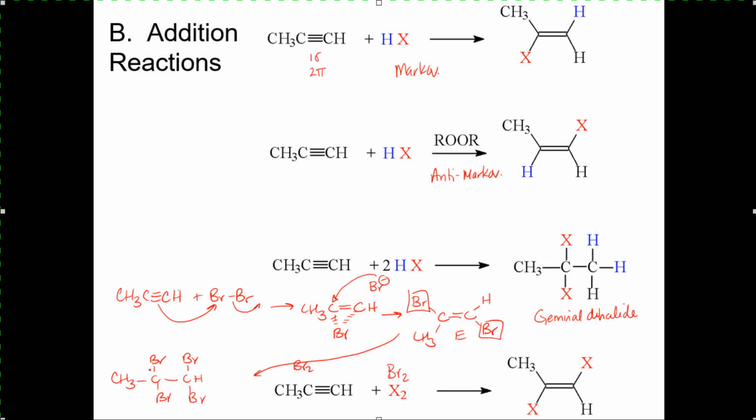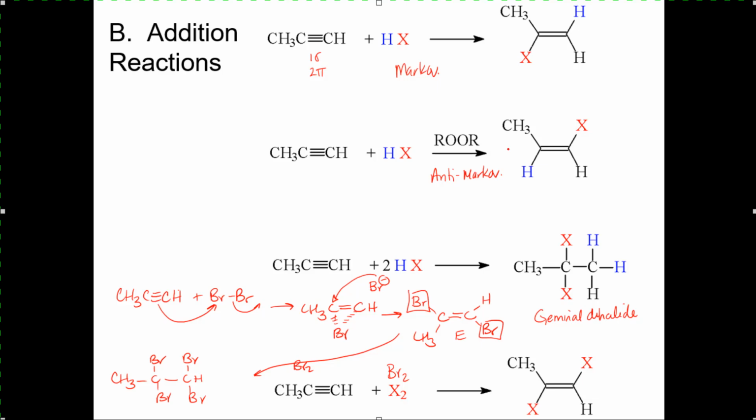So I would end up with a tetrabromopropane in this case. So I end up with two geminal carbons. So you can add one or two equivalents. I'm going to have to specify what you would do.